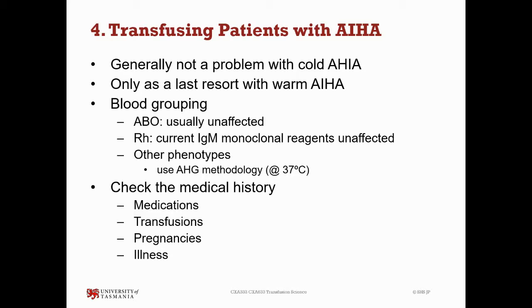Because it is a bit tricky to do that, a good start is to check the medical history. We check for any medications to see if it's drug induced, to see if the patient has had any transfusions or pregnancies before, or any other illnesses that the autoantibody could be secondary to.